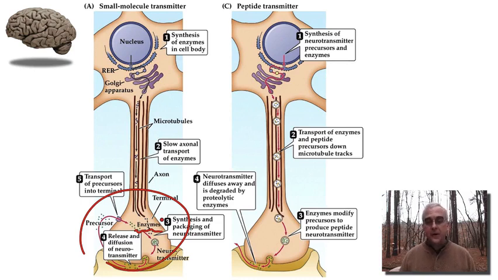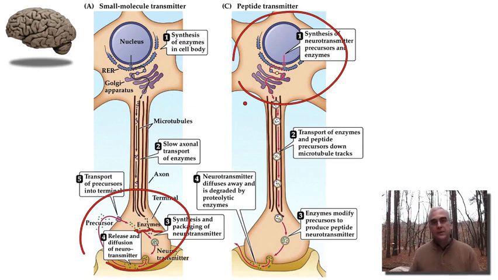For peptide neurotransmitters, the synthetic pathway is primarily in the cell body, where the peptide is processed like all other peptides through the endoplasmic reticulum and the Golgi apparatus, where various kinds of post-translational modifications may be performed.